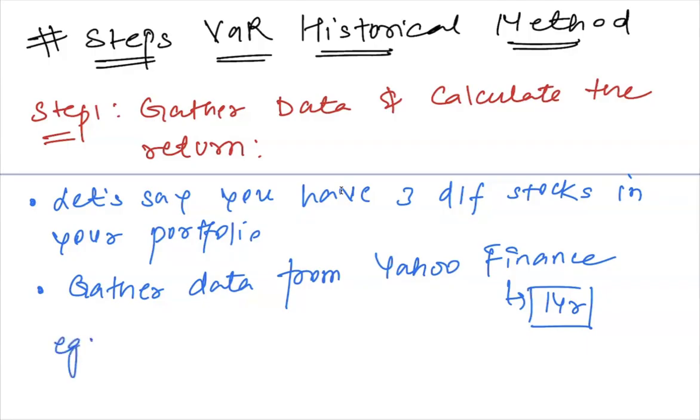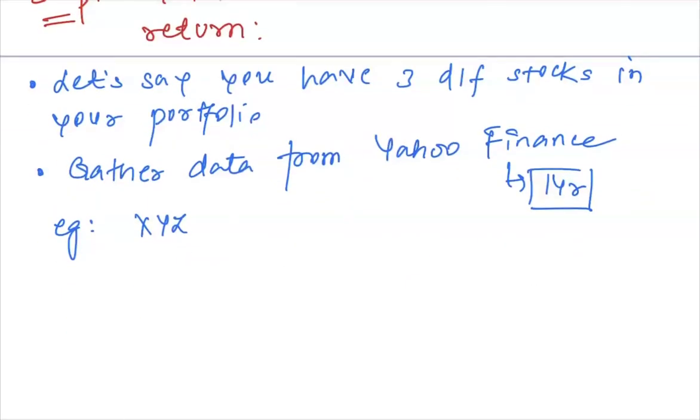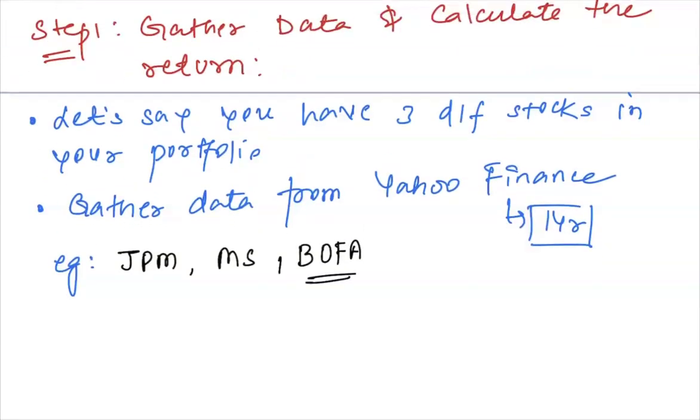In my Excel implementation, I have taken three different stocks, which are JP Morgan, Morgan Stanley, and Bank of America, also called BofA. So the first step is to collect the data of all these three stocks.